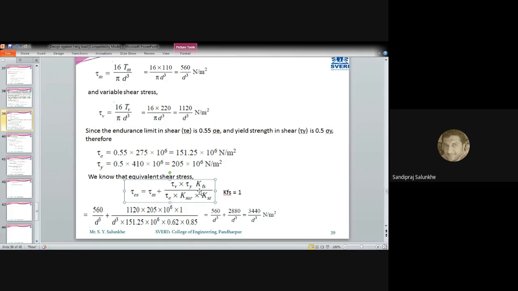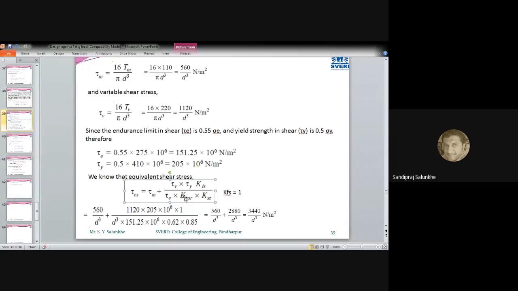We have learned this related to the principal stress, not the shear stress. So here we will replace the principal stress sigma by shear stress tau, and all other parameters will remain the same.